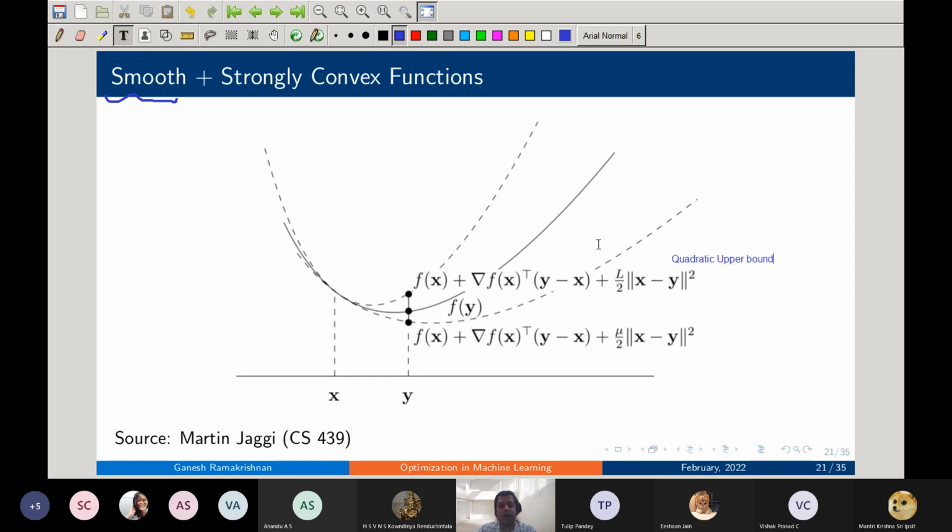But now what we're going to have is a quadratic lower bound, in the form of strong convexity.